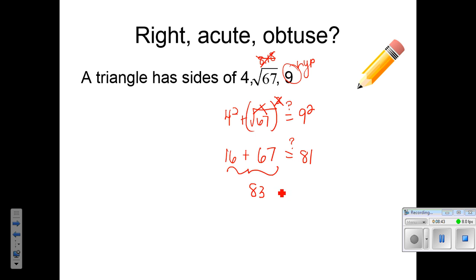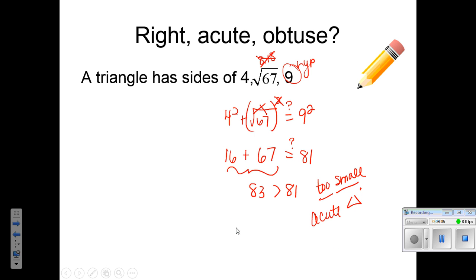And how does that compare to 81? Well, 81 is too small to be the hypotenuse. And if it's too small to be the hypotenuse, because it's less than a squared plus b squared, then you would have an acute triangle.